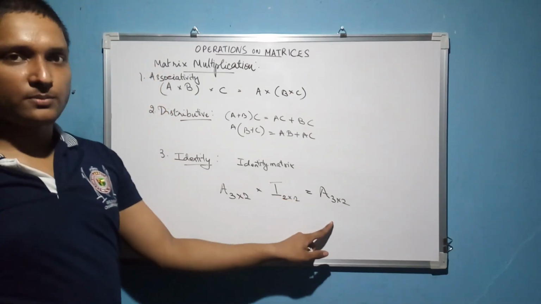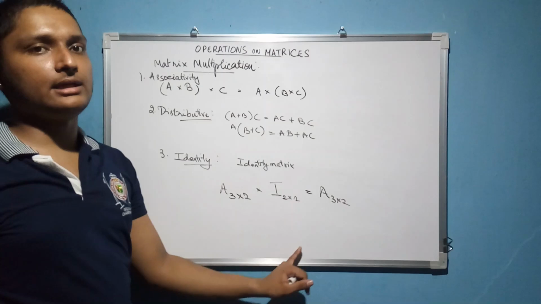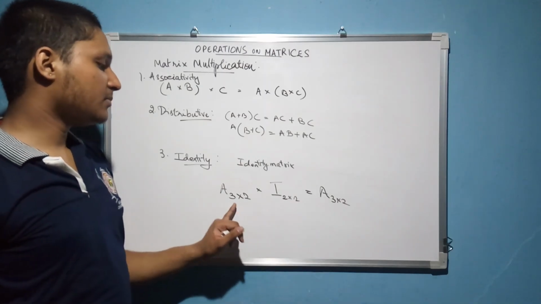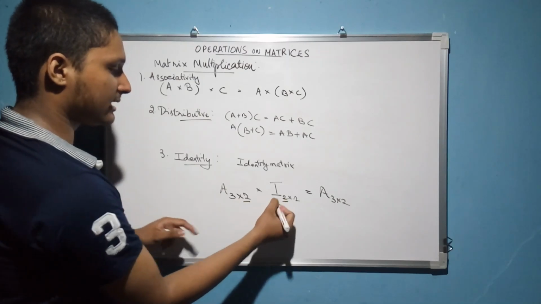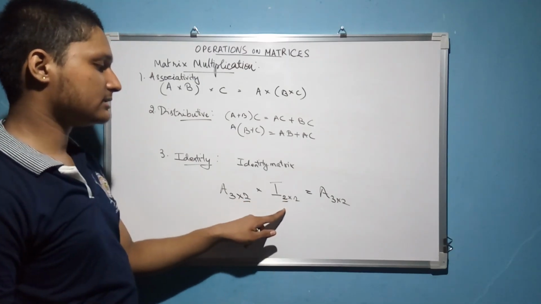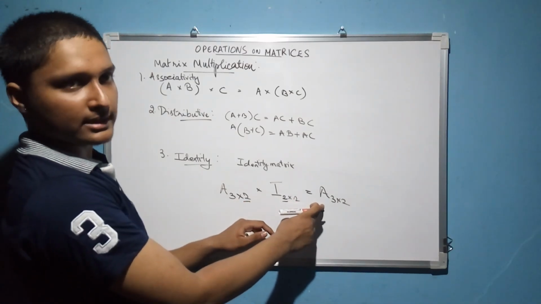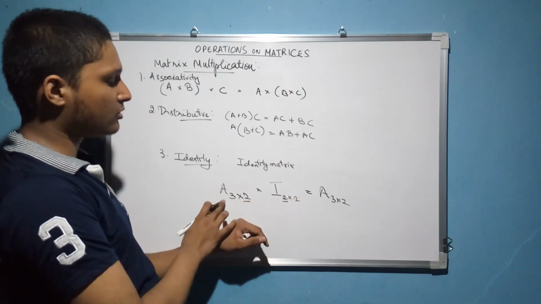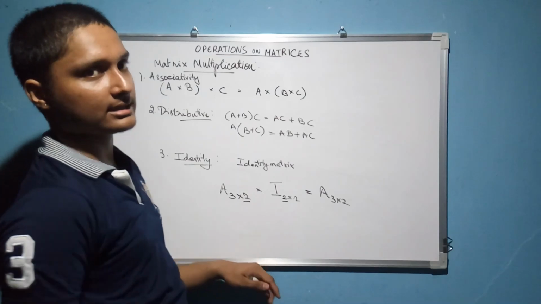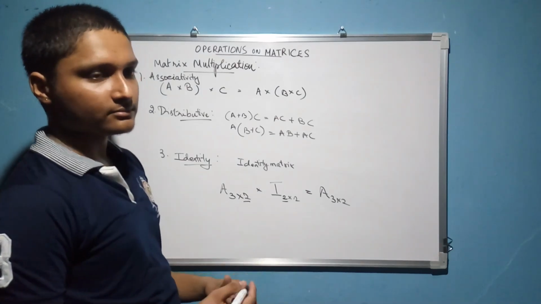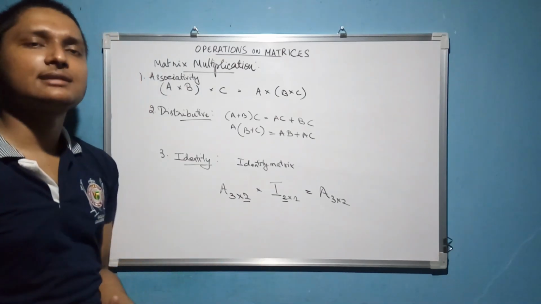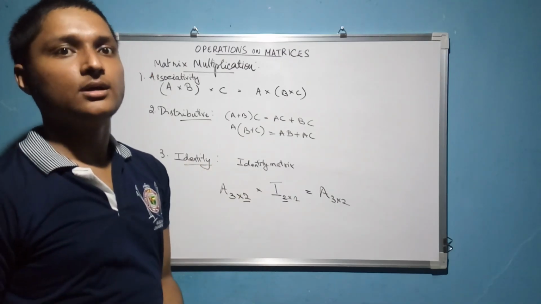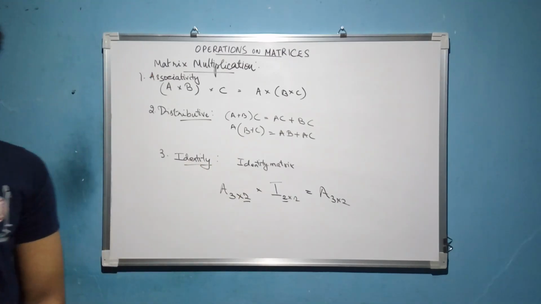Since this and this should be equal, that is A star E should be equal to A. Here also this is A 3 by 2. Since these two are going to get cancelled, at last we are going to get the same matrix. Therefore, it is going to be an identity matrix, that is the square matrix over there. So every identity matrix can be used as an identity for matrix multiplication.